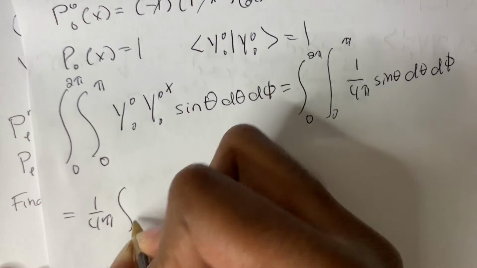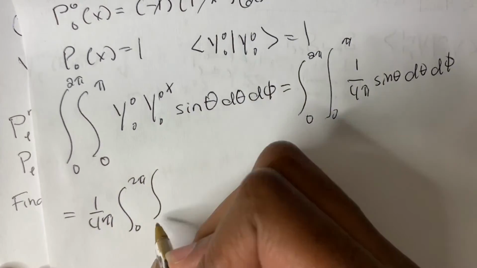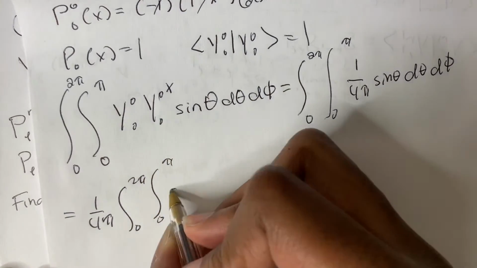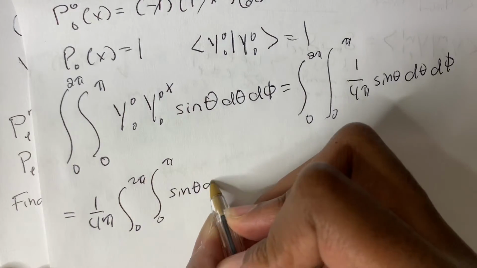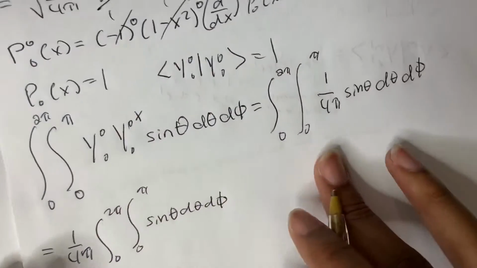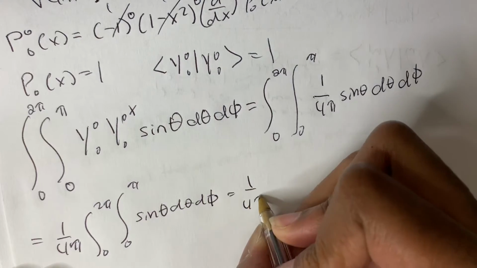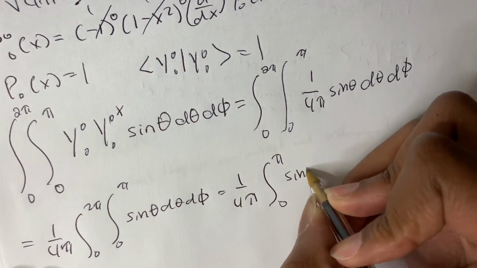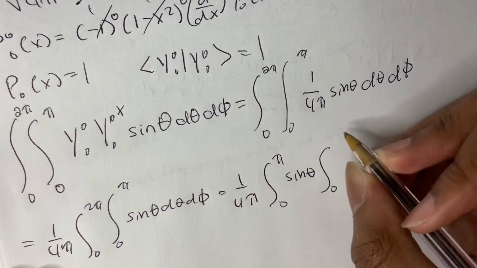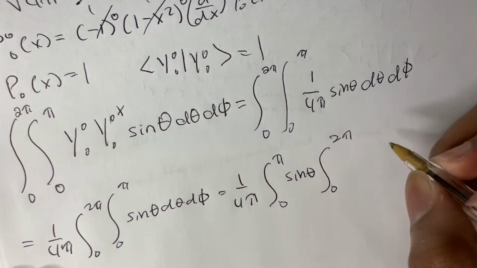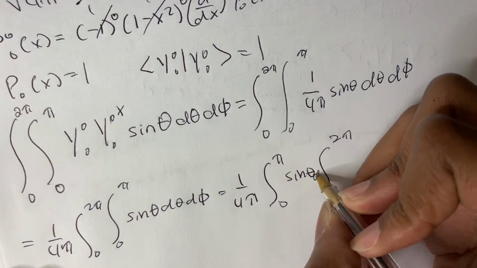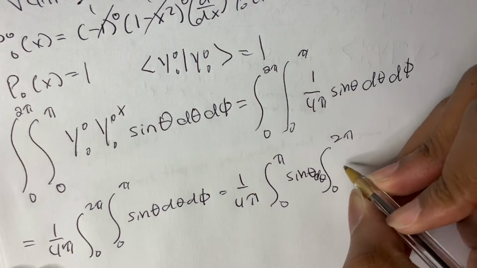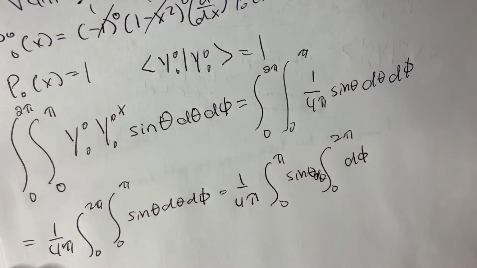And this is just 1 over 4 pi times the integral of 0 to pi of sine of theta d theta, and the integral from 0 to 2 pi of d phi.